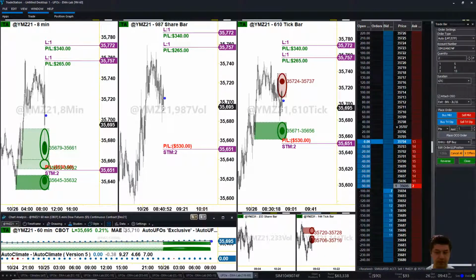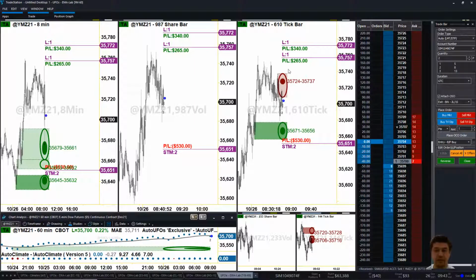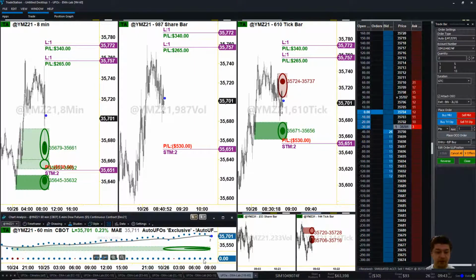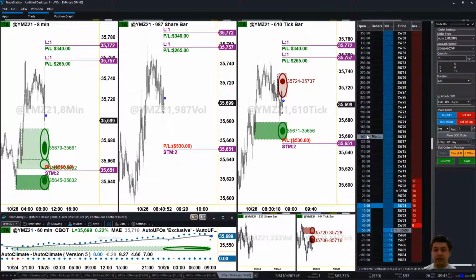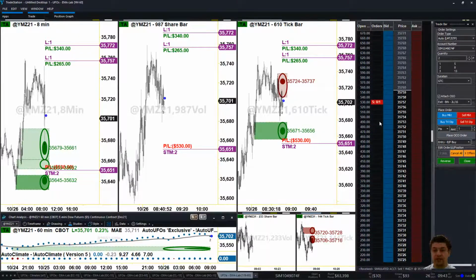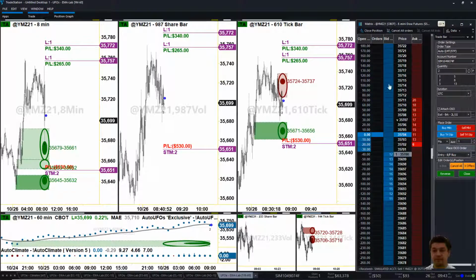So we're going to go ahead and reset this. Okay, so we're still in an up climate. We have three hourly candles to kind of give us guidance and keep us going. Okay, I'm going to go ahead and cancel this one here.